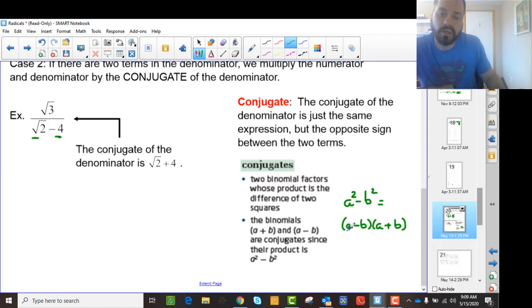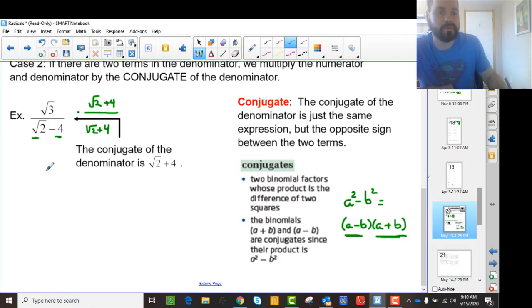So what we're doing is if we have this part, then we want this part, right? In order to get a squared minus b squared, because what that's going to do is it's going to actually square both of these, okay? So to show you that, we're going to multiply by the square root of 2 plus 4 on the top and the square root of 2 plus 4 in the bottom, or the denominator.